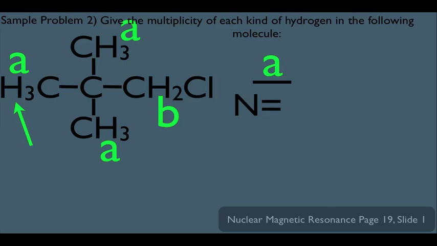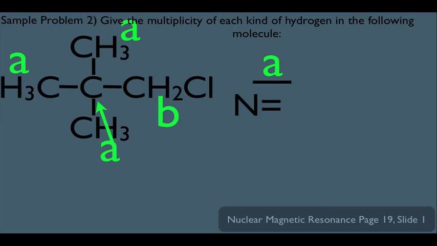And here's the thing, if all these A hydrogens are equivalent, then it doesn't matter which A hydrogens you investigate, you're going to get the same answer. If you don't, it simply means the A hydrogens are not equivalent. So let's just randomly pick these A hydrogens right here and try to figure out the N value. Notice the A hydrogens are directly connected to this carbon right here, and this carbon here has this carbon as its neighbor.